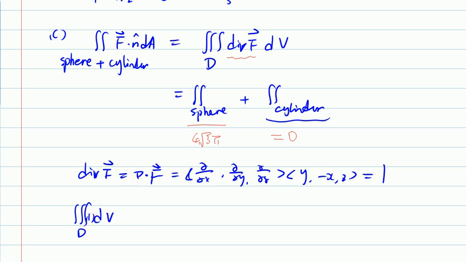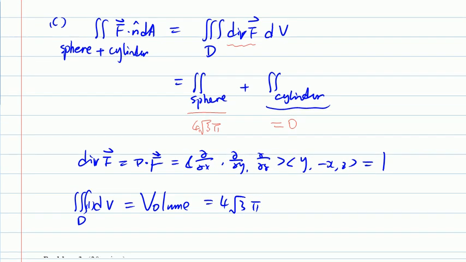There's only one term now, and that is the volume. What's the volume? The volume equals 4 square root 3 pi, given by the flux going through the sphere. That's what it means in this question: using the divergence theorem to calculate the volume. Of course, divergence is not always 1, but in this particular question it is 1, so you can make use of this fact to calculate the volume.